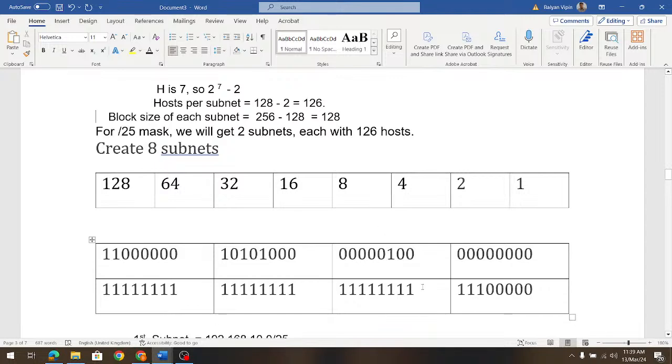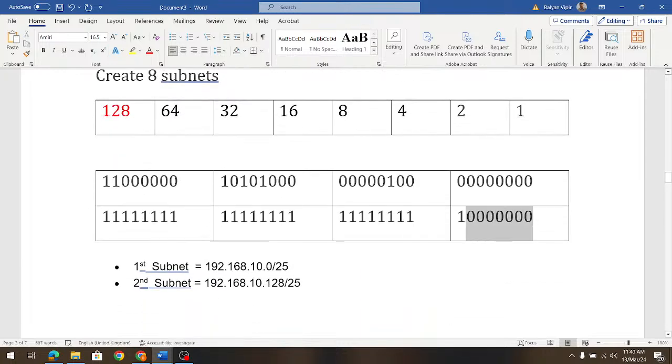One. This is the only bit we are using for network. So the corresponding number with respect to this is 128. So it's 128 here, and the remaining bits are 0. So we can say the subnet mask here is 255.255.255.128.